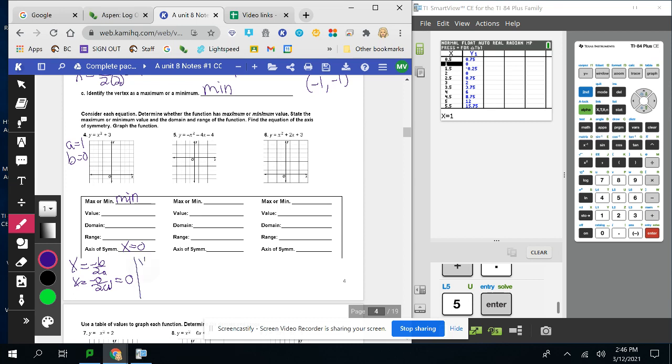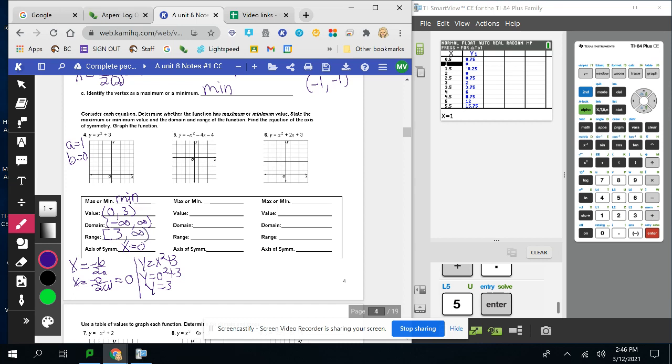So the equation is y equals x squared plus 3. I substitute 0, so it's 0 squared plus 3. So that gives me 3. So the value of the minimum is 0, 3. That's my vertex. My domain is all real numbers. And my range starts at 3, so 3 is included, and goes up to infinity.